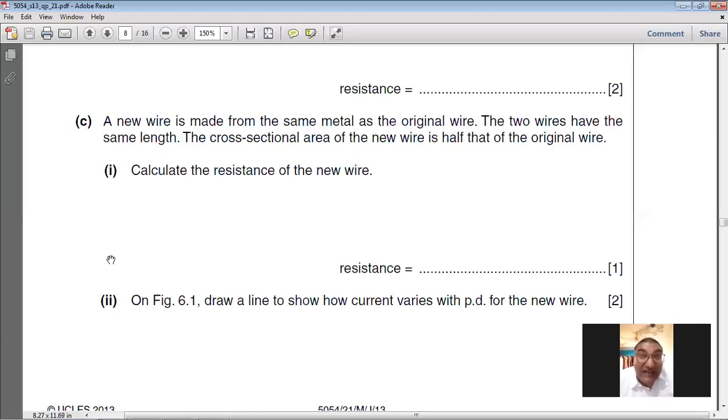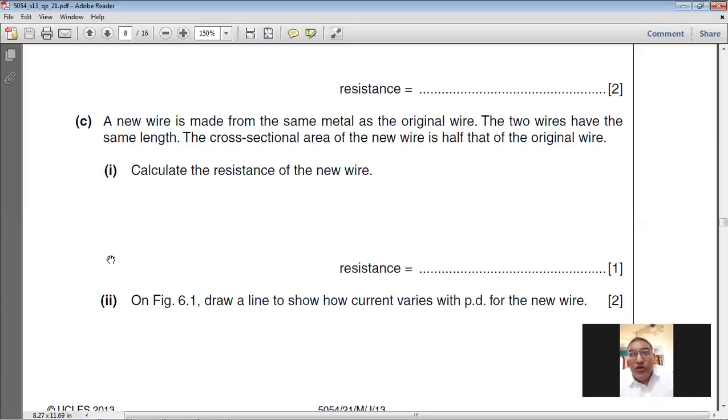But the cross-sectional area of the new wire is half the original wire. So if the cross-sectional area is half, its resistance will become double, because resistance is inversely proportional to the cross-sectional area.